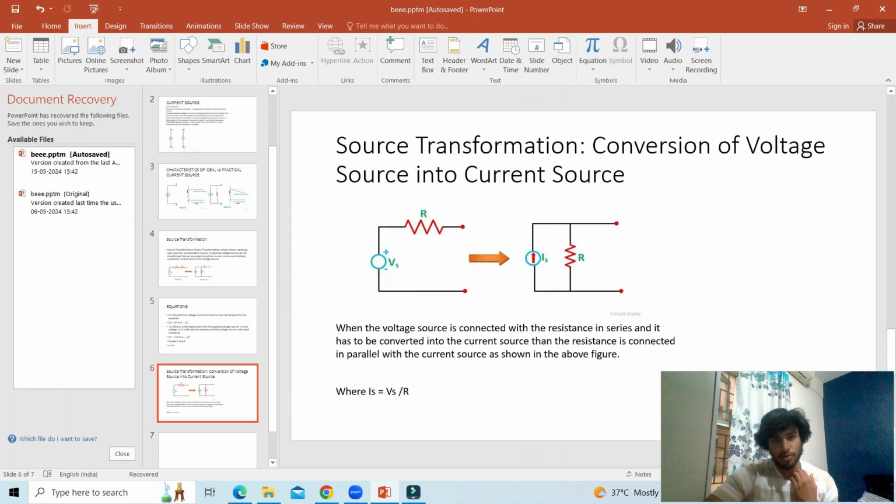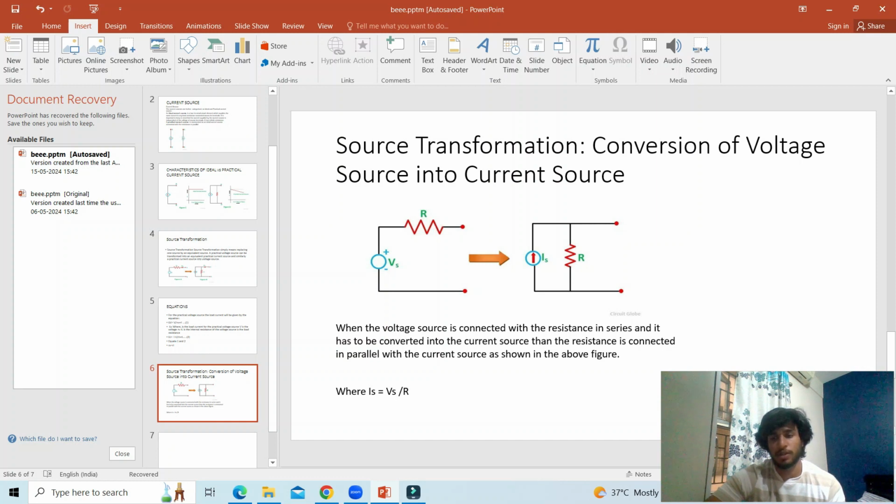This is better understood with the help of this circuit diagram, the conversion of a voltage source into a current source. When both are equated, the practical voltage source with internal resistance R is converted to a practical current source with resistance R, which is equivalent to the resistance connected in series in the voltage source.